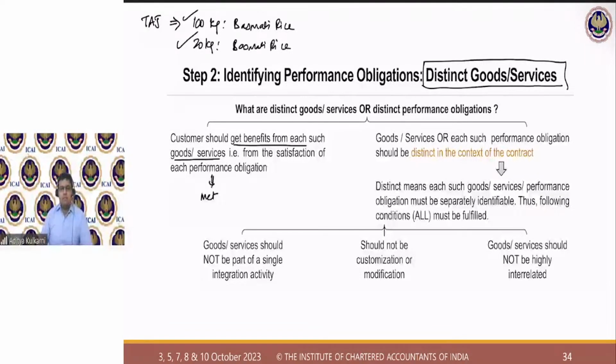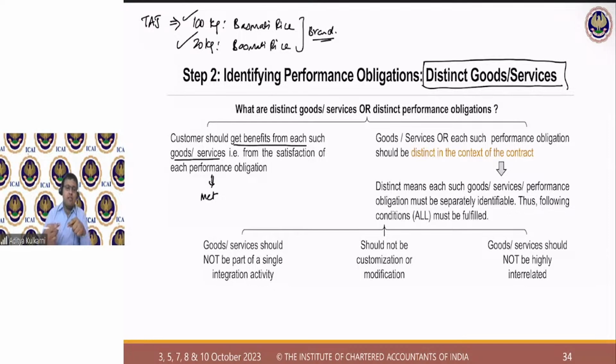Now, you tell me, the brand is the same. Everything is the same. Now the question is, in layman terms, what you and I understand, the 100 kg of basmati rice and the 20 kg of basmati rice, which is again ordered as a replenishment because of the surprise event that happened on the second day.